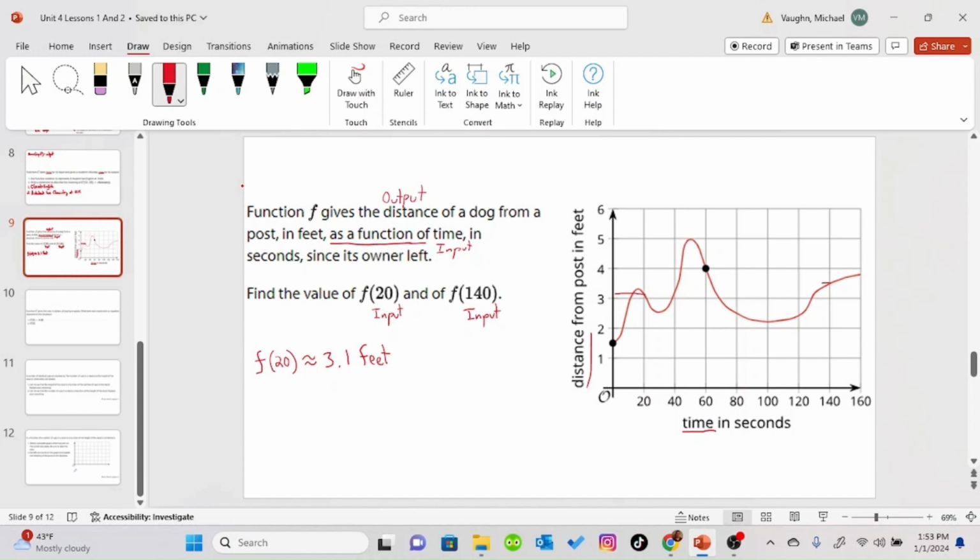And we see that we hit the line about halfway between 3 and 4. So we could say that f of 140 is approximately 3.5 feet.